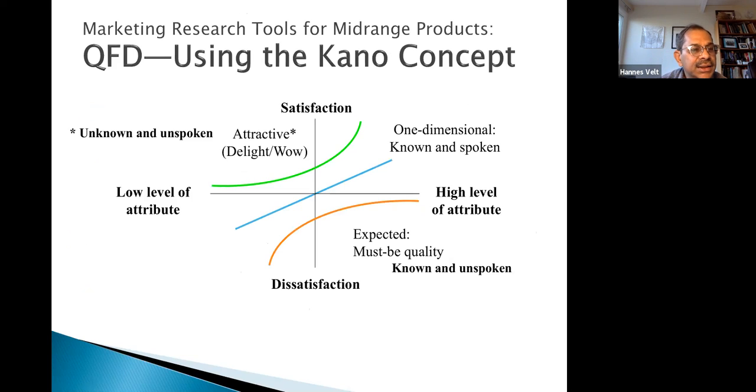So in this diagram, you have satisfaction along the vertical axis, and then you have product attribute, the magnitude of the attribute, on the horizontal axis. And any product, whether it's a smartphone, a laptop, even a simple thing like a whiteboard marker, it will have all these three levels of quality.